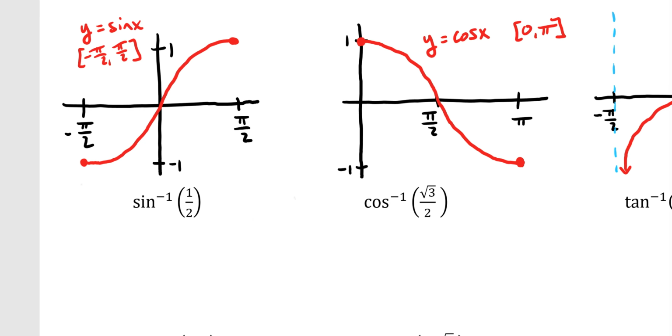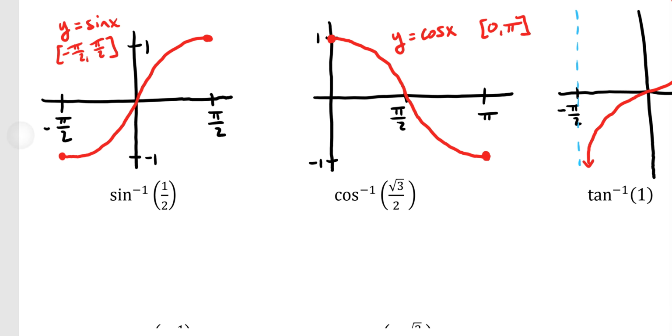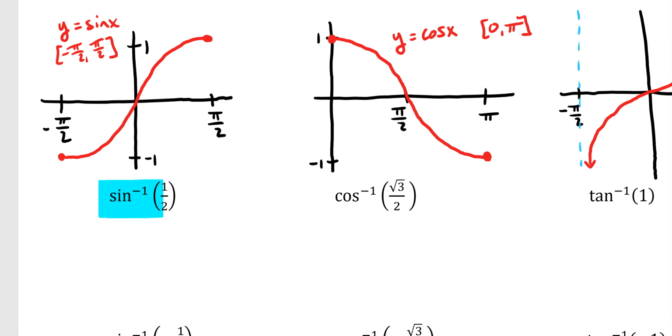Let's take a look over here on the left. Sorry for kind of squishing this all in. Let's take a look at sine inverse of 1/2. You're probably saying to yourself, that is a positive value, which is true. Based on what we were doing before, we should know that this answer is pi/6, right?